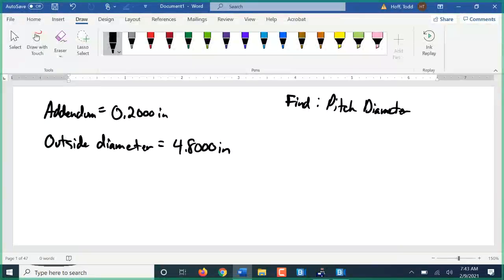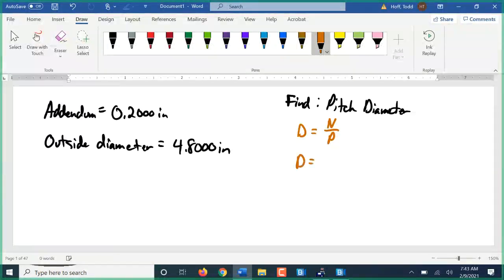Well, if I look at my table, the pitch diameter is on page 247. For pitch diameter, we're given 2 formulas. The first formula for the pitch diameter is N over P, number of teeth over pitch. Don't have the number of teeth or the pitch.